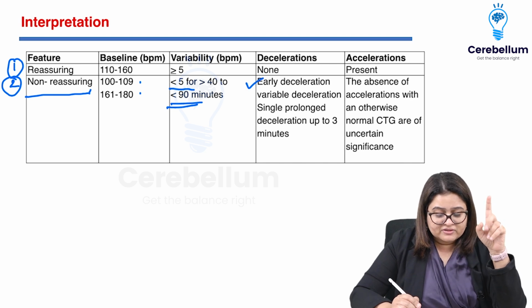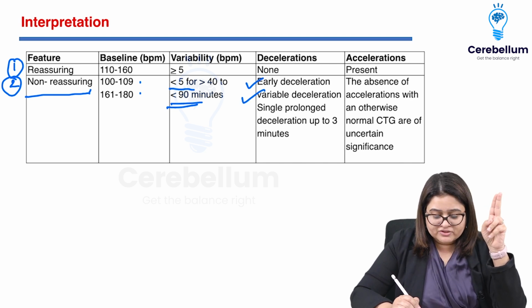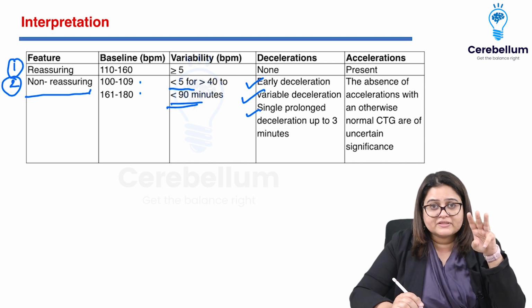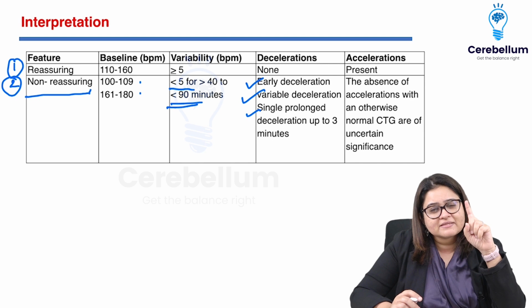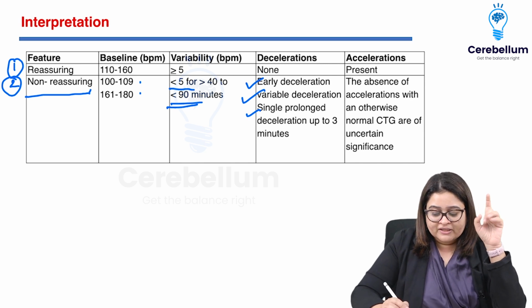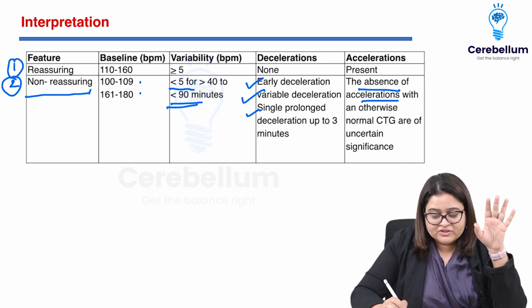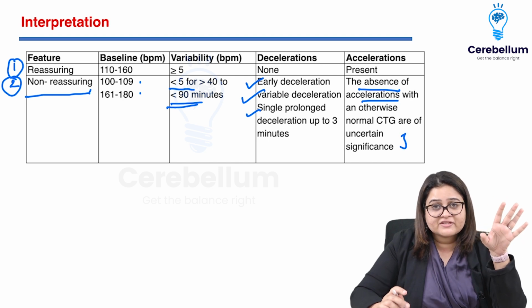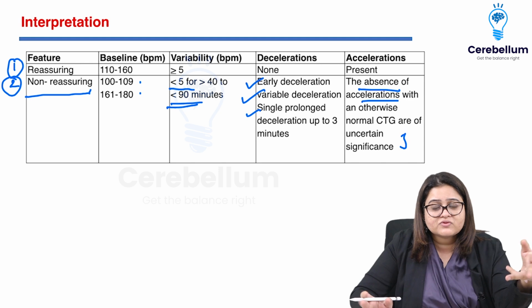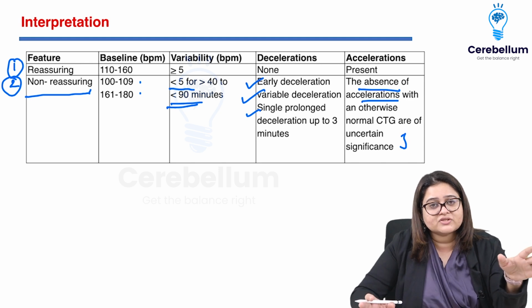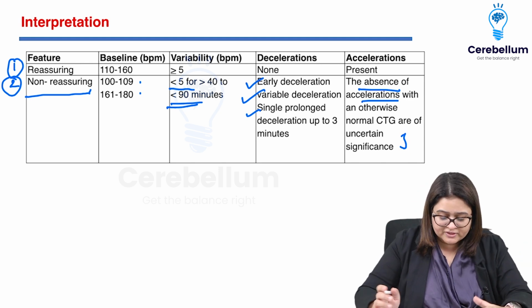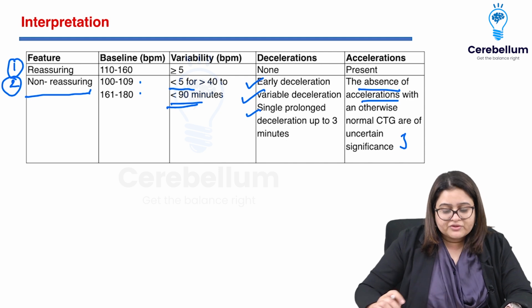Early decelerations, variable decelerations, or a single prolonged deceleration. So early, variable, we know these are not that bad, and a single prolonged deceleration. So the absence of accelerations with an otherwise normal CTG is of uncertain significance. So accelerations, if they're there, very good. If they're not there, it doesn't have much significance in labor. Okay. So this is a non-reassuring CTG.